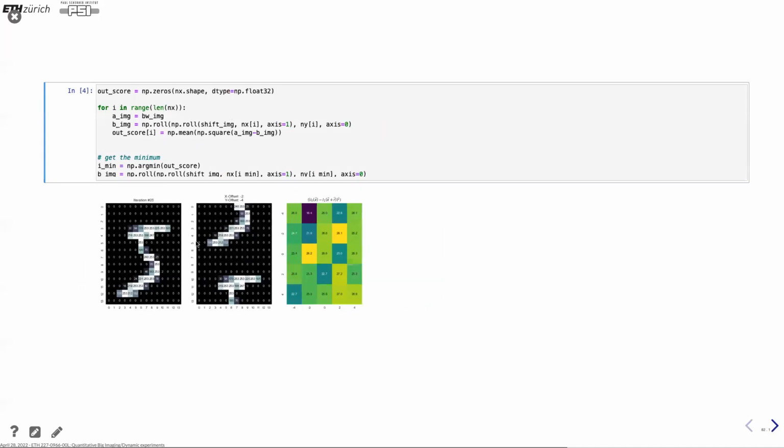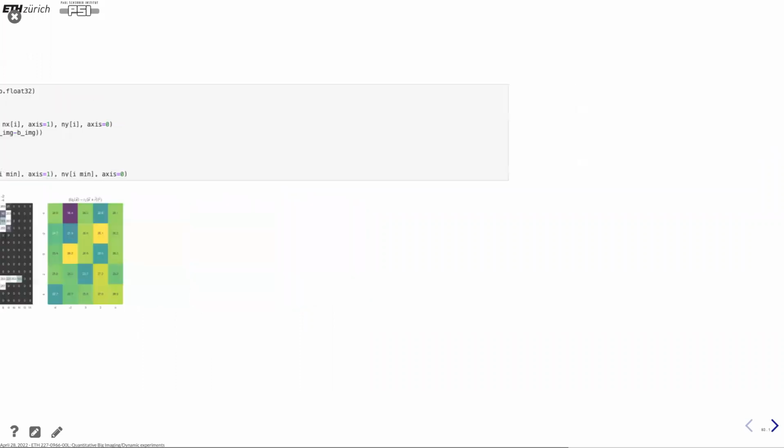Let's see, this is not a movie, but the problem is we may land in cases where there is a local minimum, but I don't think it's a good one, actually. It's a strange place. And we can also work with structural similarity indexing. There are many metrics to compare images and local positions.